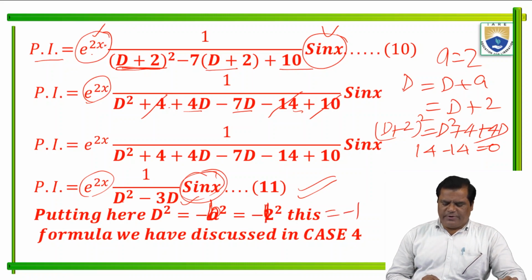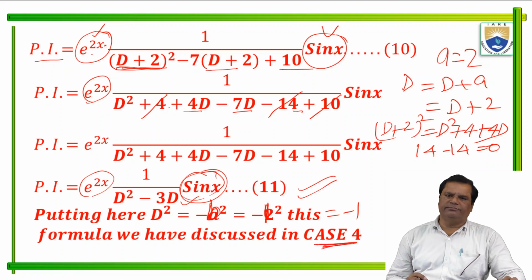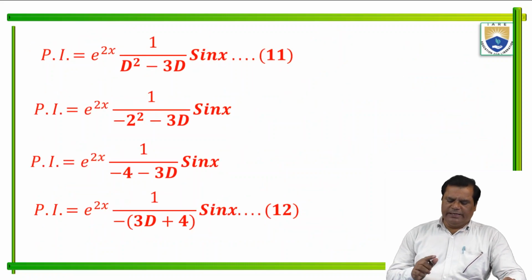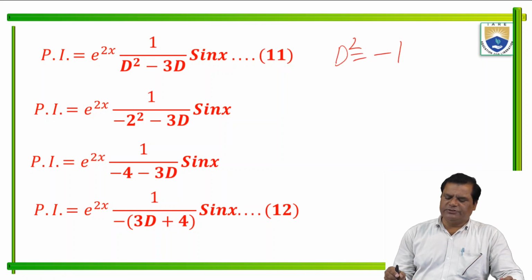This formula we discussed in case 4; you can check case 4 again. So D squared is minus 1. Here minus 1 means minus is common, giving minus (3D plus 1).